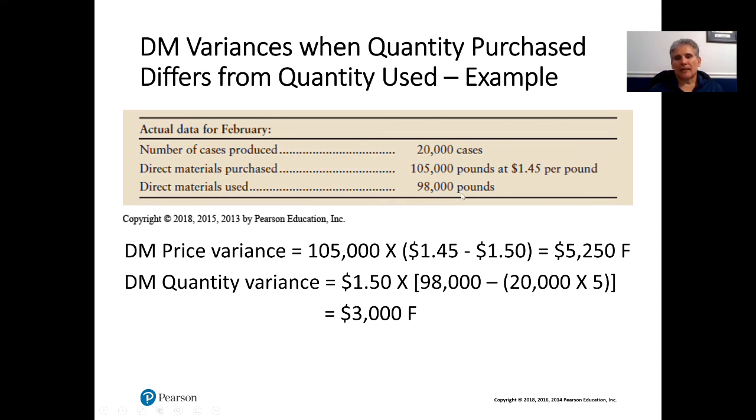We ended up using 98,000 pounds. That difference is 2,000 pounds, and 2,000 pounds multiplied by $1.50 gives us $3,000. Now, we were expecting to use 100,000. We only used 98,000, so that means we had a favorable variance.